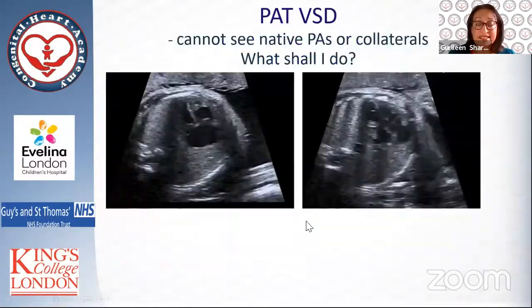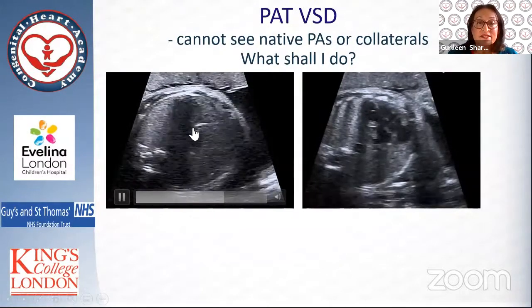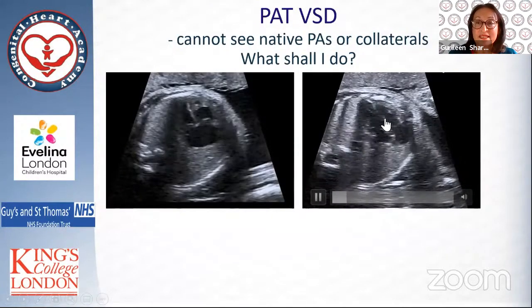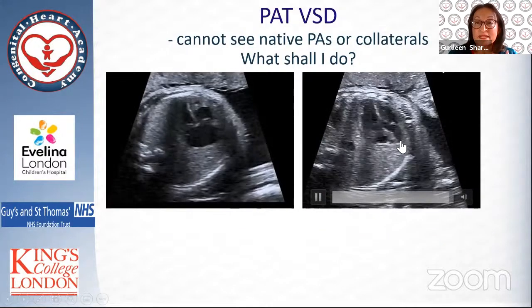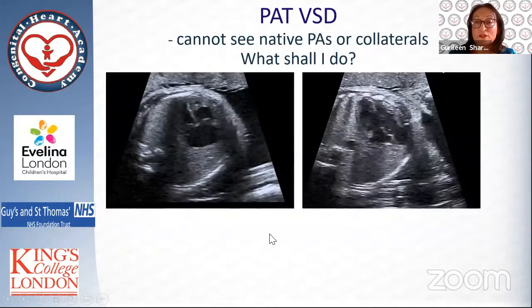But we sometimes get into a situation where we can't see the native pulmonary arteries very easily. Again, maybe related to gestation, maybe related to image quality. And you may not be able to see the collateral vessels either. So here is an example of a four-chamber view and aortic override. In this baby, we were just not able to see the source of pulmonary blood flow on the first scan.